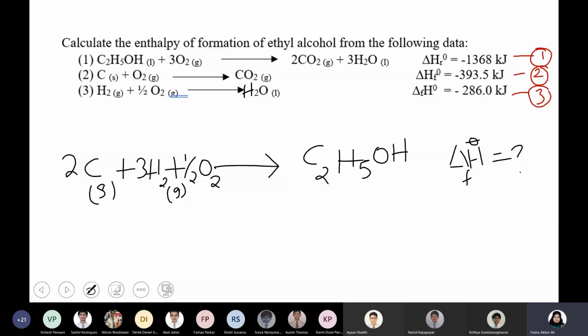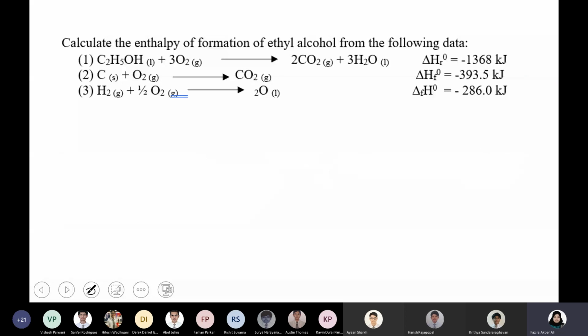What is the first thing you need to do over here? Ma'am, reverse equation 1. Yeah. The required equation is H2 plus half O2 giving C2H5OH.